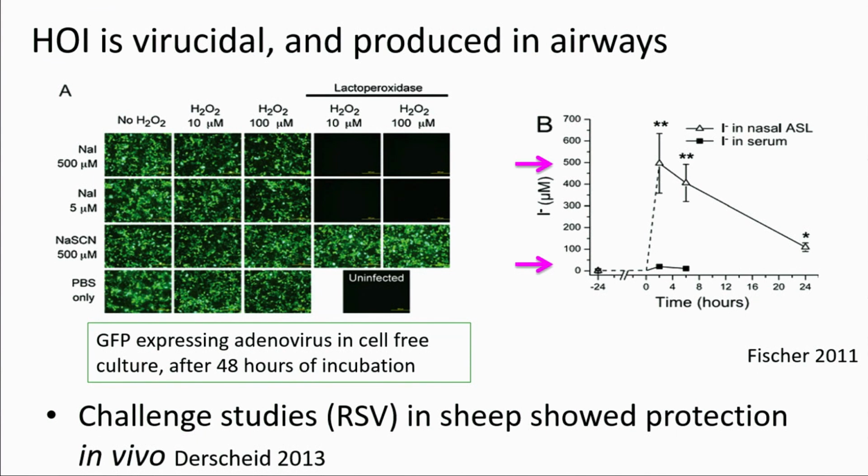They went on to show that they could deliver a single dose orally in humans and achieve significant increases in airway iodine levels in the airway secretions that were equivalent to what was necessary in vitro for killing. And they went on to do a challenge study using human respiratory syncytial virus in sheep and show that there was protection in vivo in that challenge.